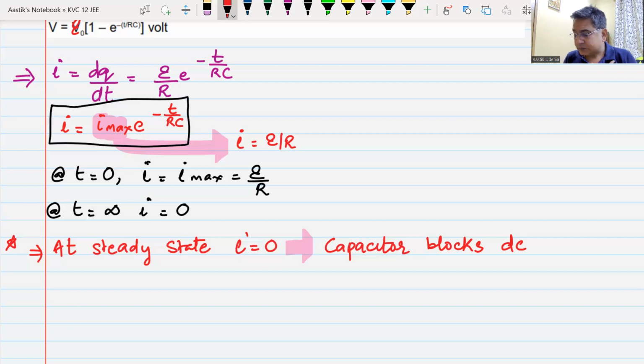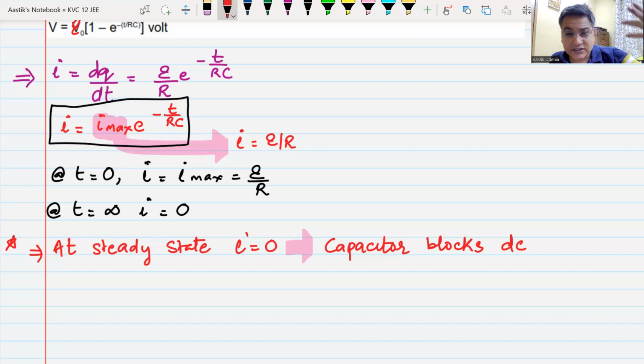Now, if I think of capacitor as a resistor, because you can see at time t is equal to 0, it is allowing maximum current to flow. But at time t is equal to infinity, it is not allowing current to flow. So I can think, I'm just thinking, it is not actually so, I can think of capacitor as a variable resistor whose resistance varies as it gets charged up.